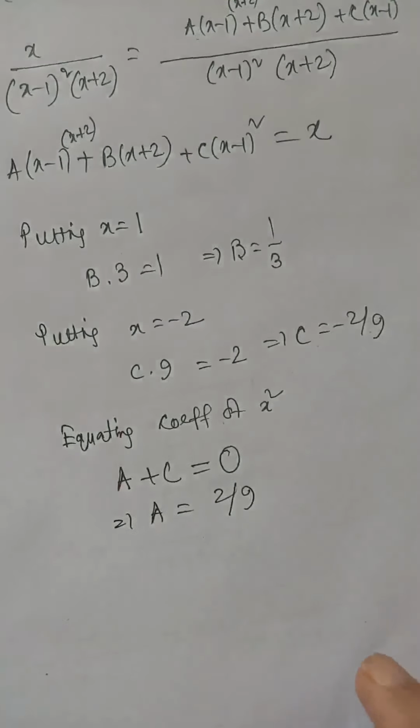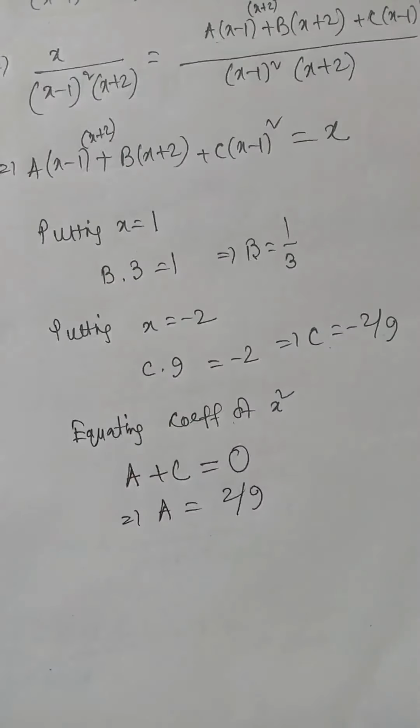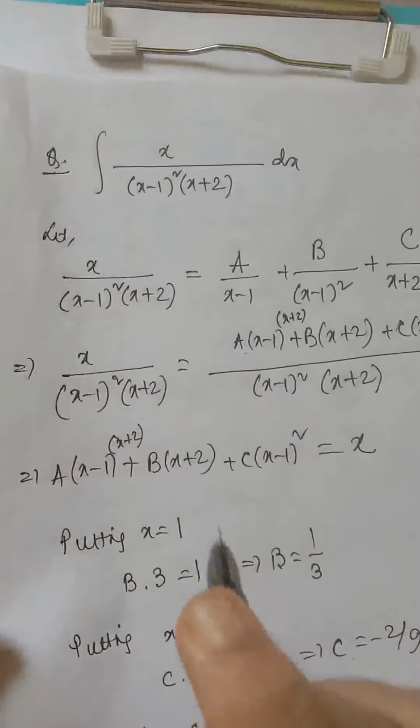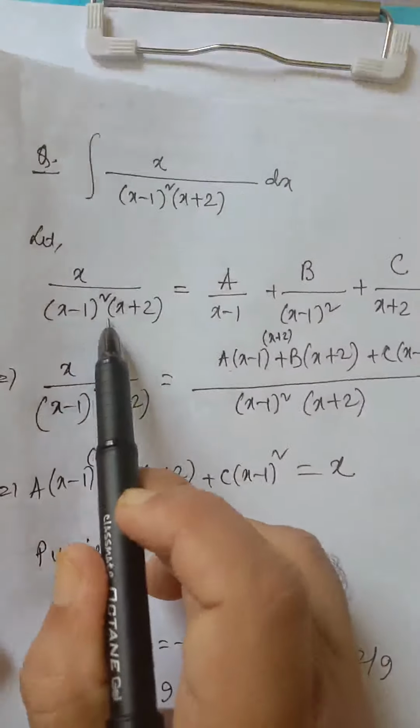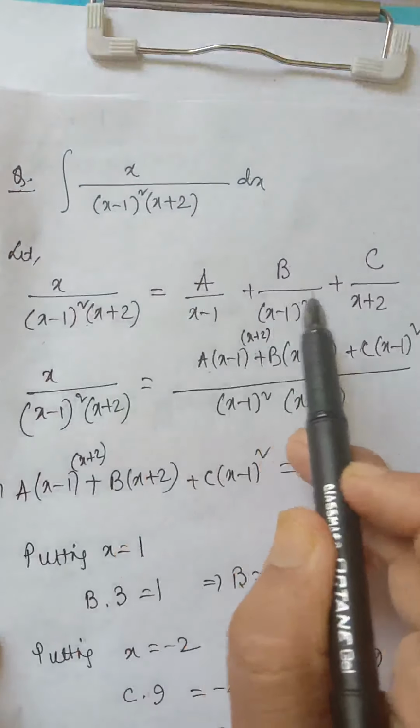So ultimately we get all the values a, b and c. This is the given fraction, and it equals a by this plus b by this plus c by this.